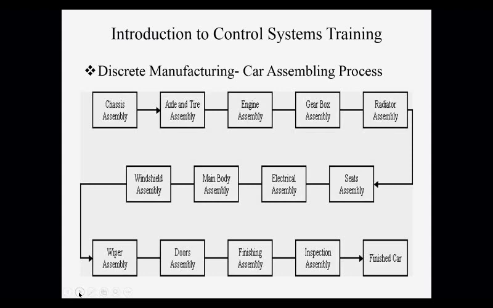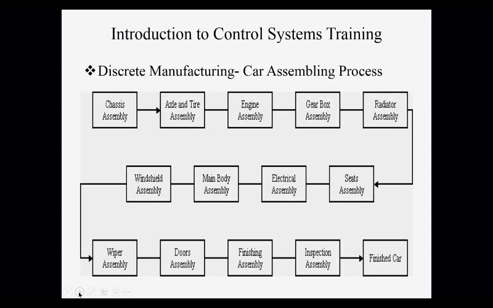Once you have done these steps, you put together your electrical wirings and electrical assemblies, your ECUs, your sensors, etc. Then the main body assembly is done: you put in your boot, your bonnet, then the windshield assembly and other glasses.